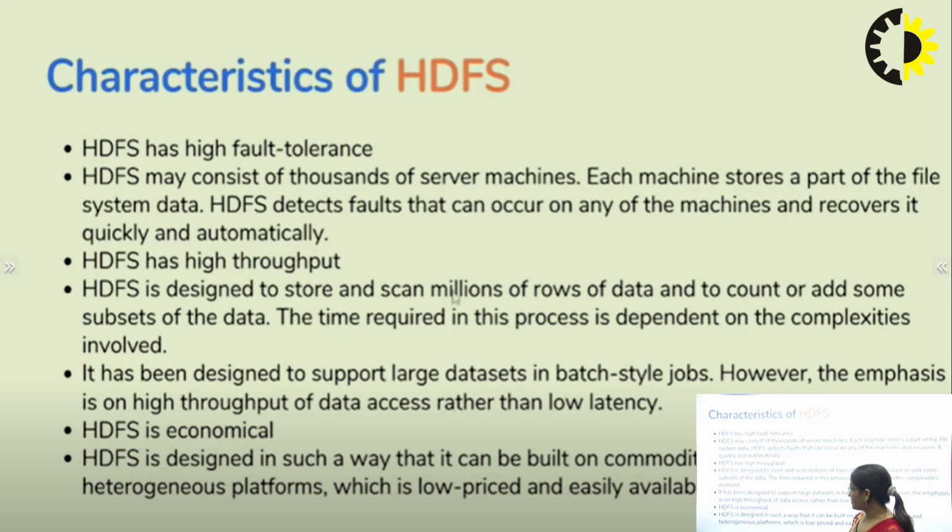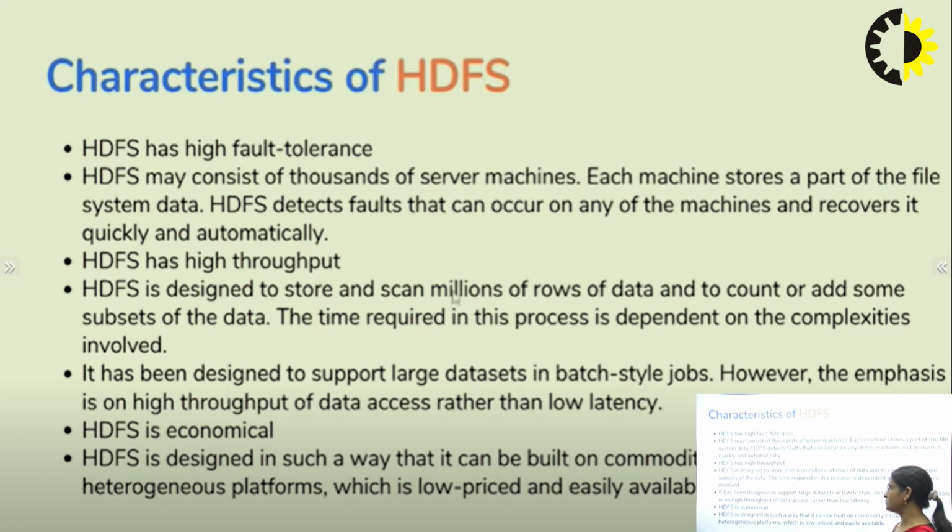Then HDFS is designed to store and scan millions of rows of data to count or add some subset of data, and the time required in this process is dependent on the complexity involved. Then it has been designed to support large data sets in batch style. So here streaming is not allowed, so batch style is used.